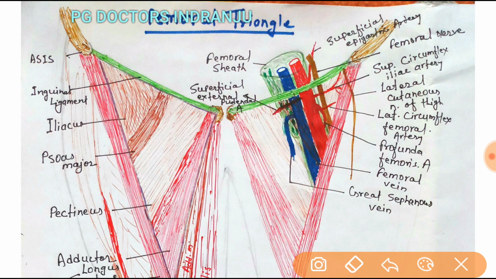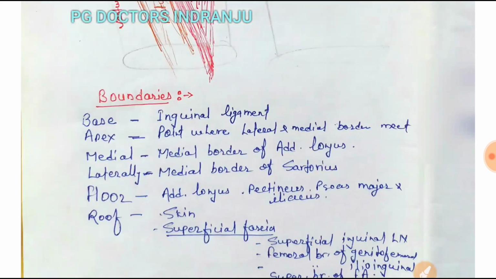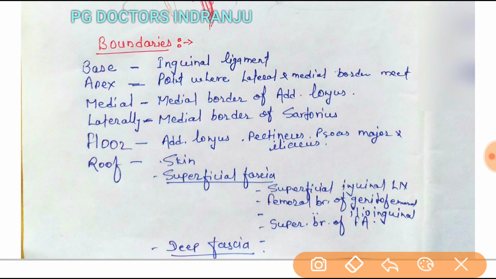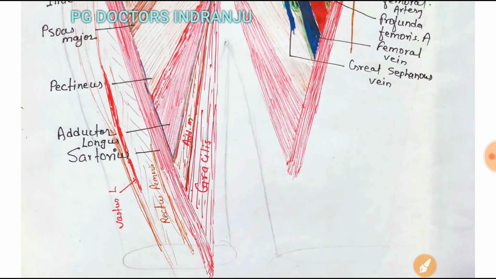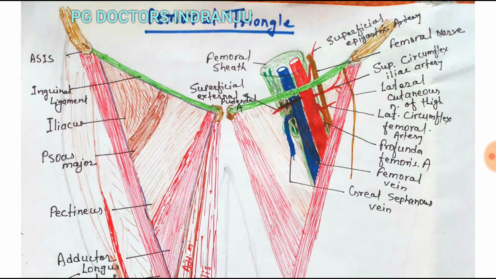This region is very important because of the structures that lie within it. I already told you the boundary of the femoral triangle: the base is formed by the inguinal ligament, and the apex is the point where the lateral and medial borders meet. That means this is the apex region, and this is the base region.